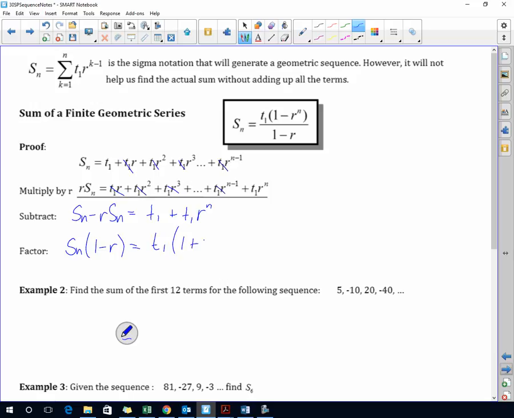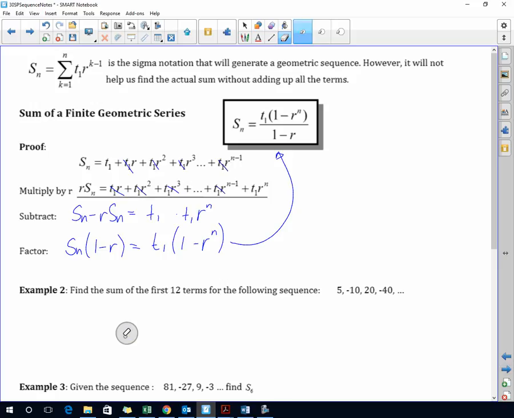Does everybody see if I divide both sides by 1 minus r, I'll get that formula right there? Oh, sorry, I have a little symbol missing there. Try that again. This should be minus because I'm subtracting, right? Nobody caught that? Because I'm subtracting here. So this minus this will give me that, right?